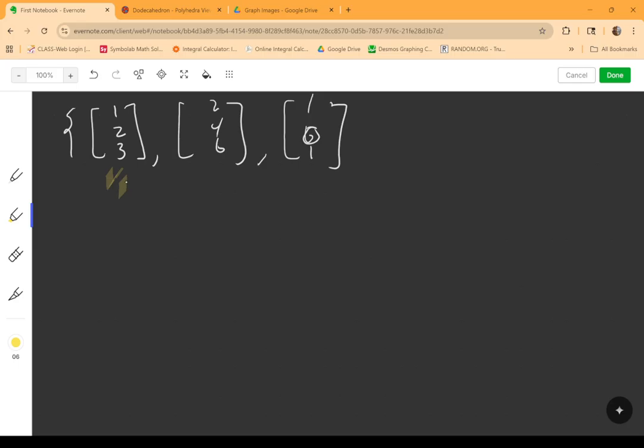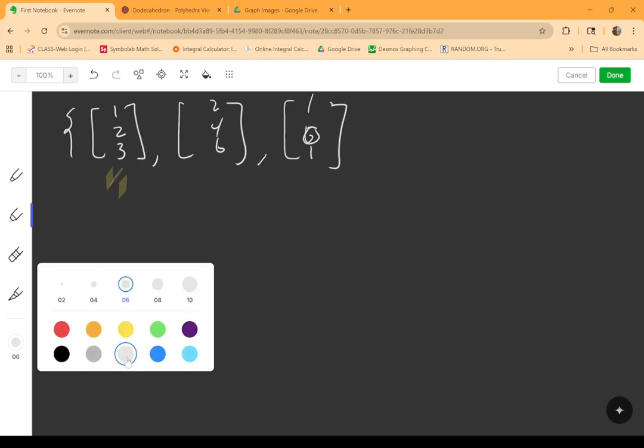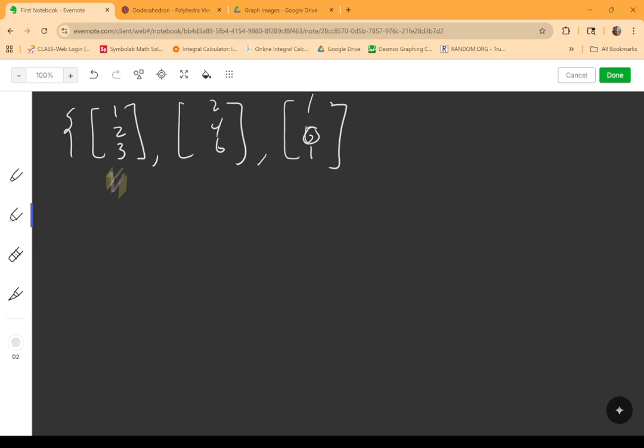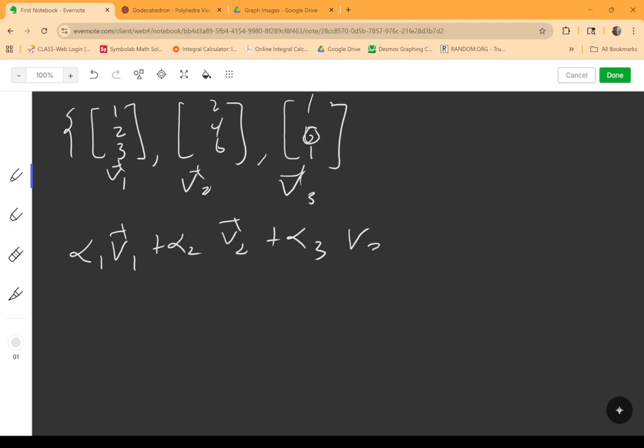If I call these v1, v2, v3, then alpha 1 v1 plus alpha 2 v2 plus alpha 3 v3 is equal to the zero vector.